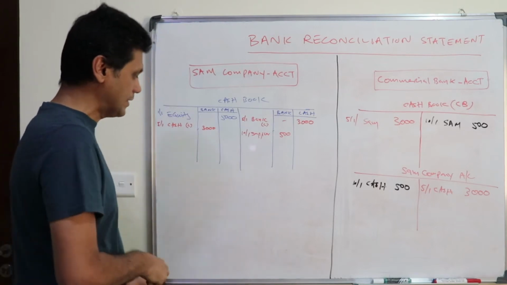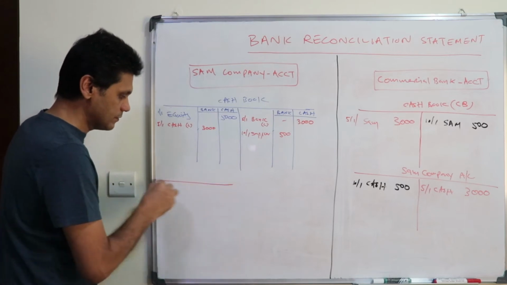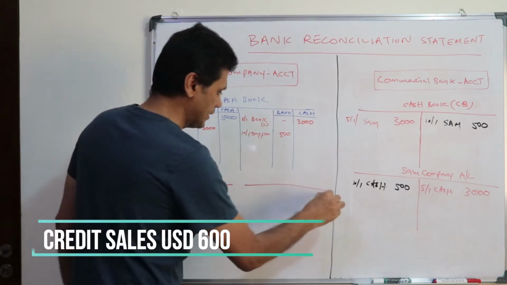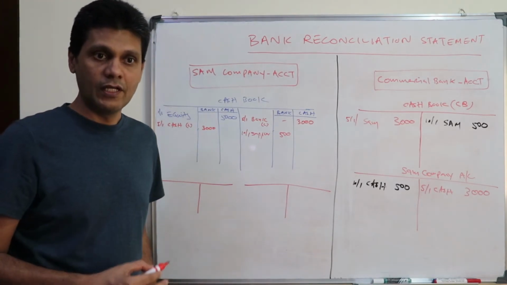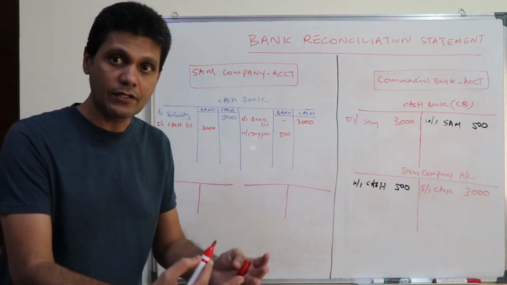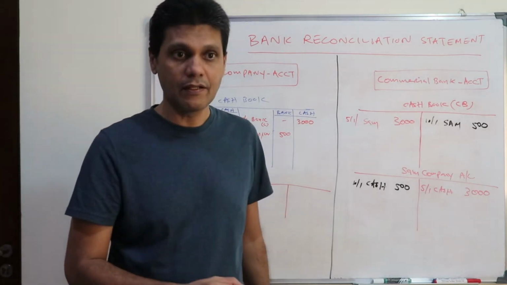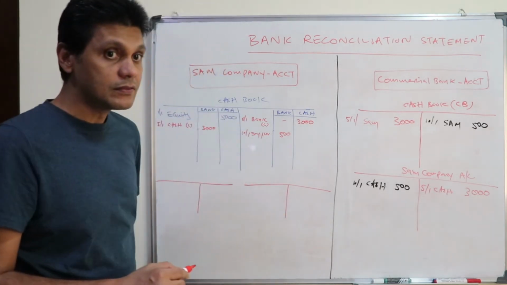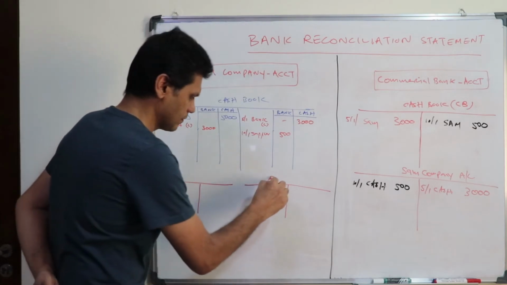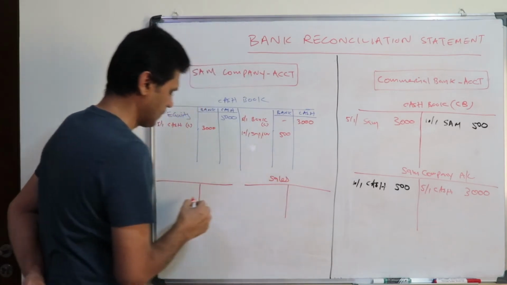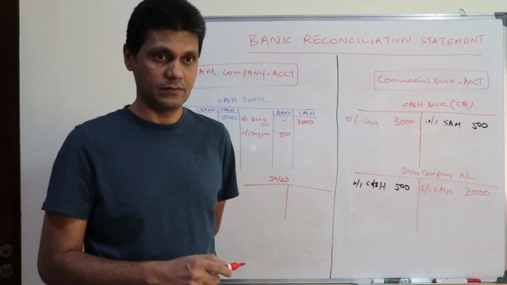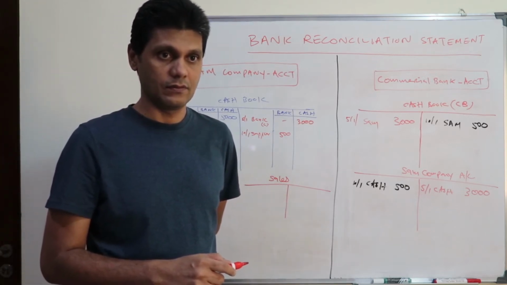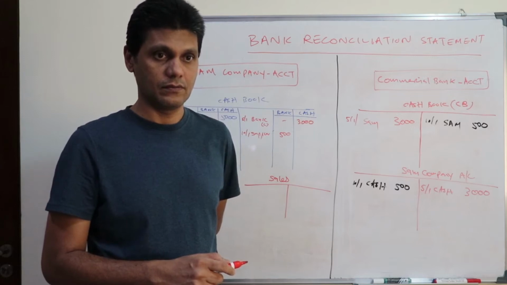Now let's assume he has done a credit sale worth $600. If it is a credit sale of $600, what is the double entry? Sales account to credit.